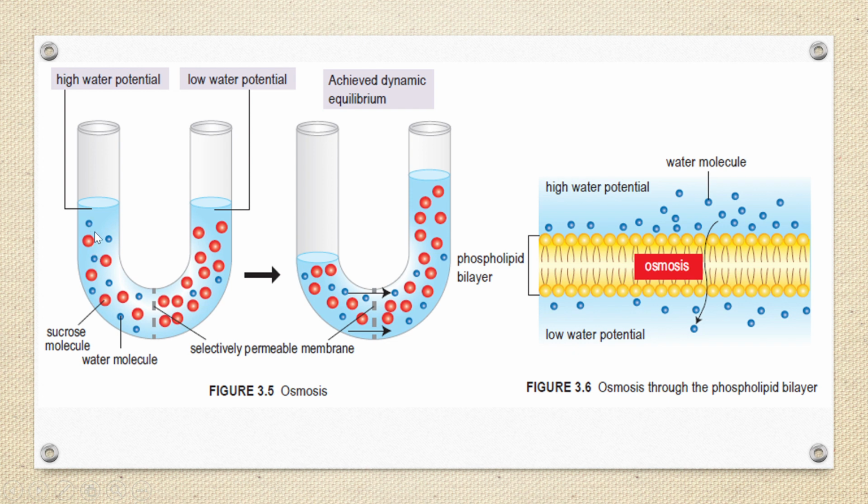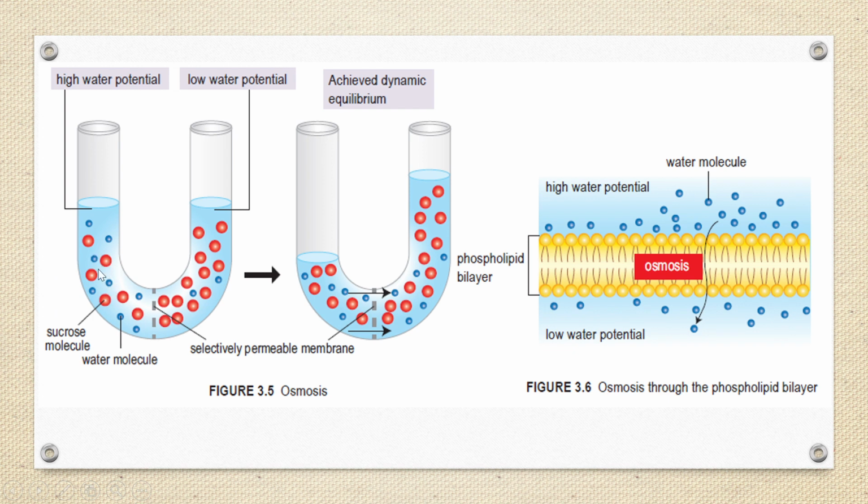You see the blue, the small circles, the blue ones, 1, 2, 3, 4, 5, 6, 7, 8, as compared to the right region over here, which has only 2 water molecules. So the left region is representing the high water potential region.